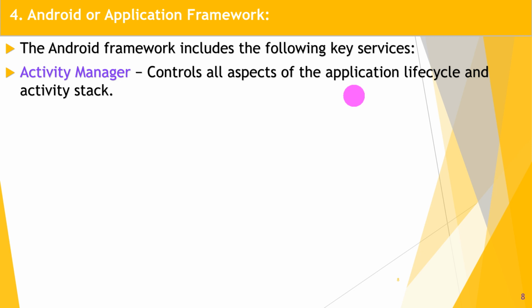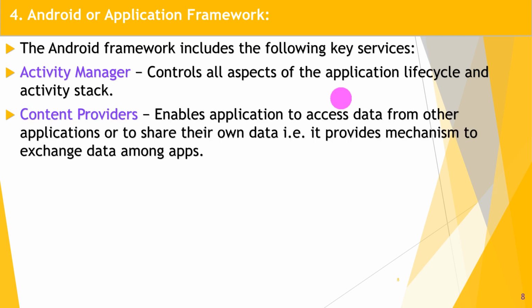That is, it's also one of the APIs. Content Provider enables applications to access data from other applications or to share their own data. That is, it provides a mechanism to exchange data among the apps using content providers. It is also one of the APIs.